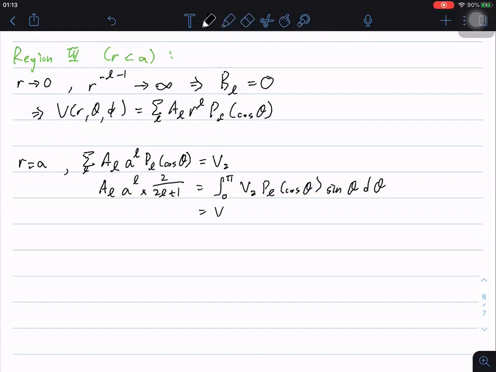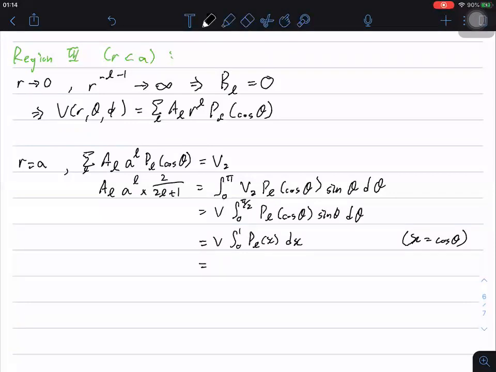Also, this time V2 vanishes at the lower hemisphere, so the integration goes from 0 to pi over 2. After I substitute x equal to cosine theta into that integration, the integration goes from 0 to 1, integrating the Legendre polynomial.